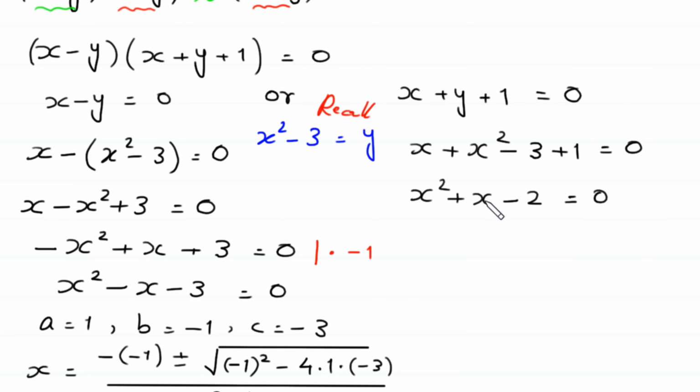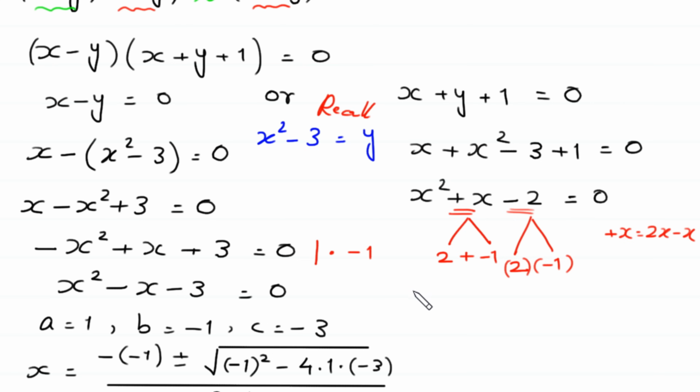Now this quadratic equation can be solved by factorization. The sum of 2 and negative 1 is equal to this plus 1, and the product of 2 and negative 1 is equal to this minus 2. So we split this plus x into 2x minus x.